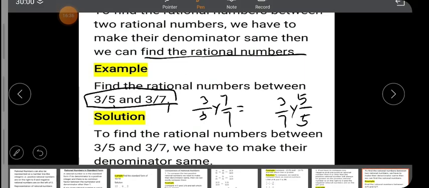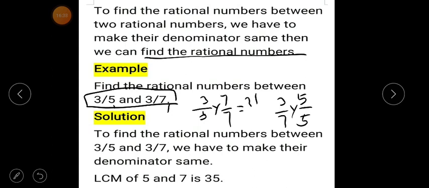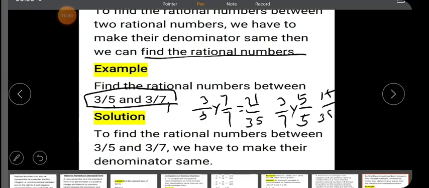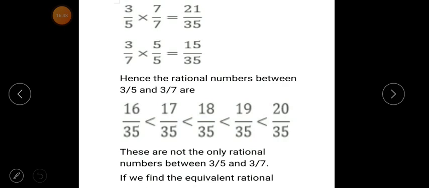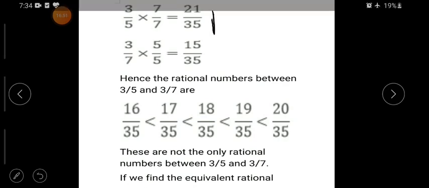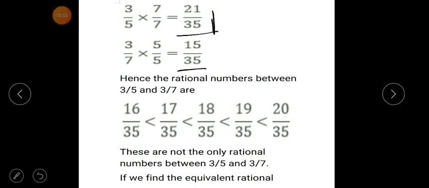So we will get 21 upon 35 and 15 upon 35, right?